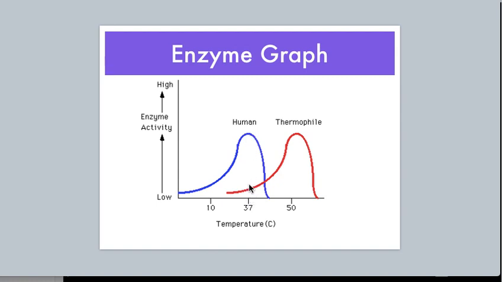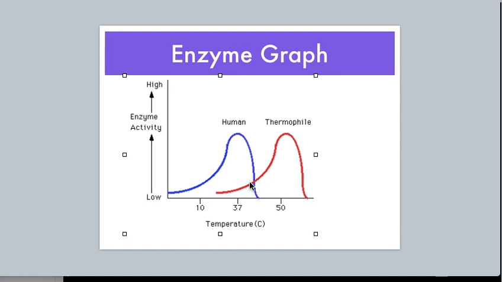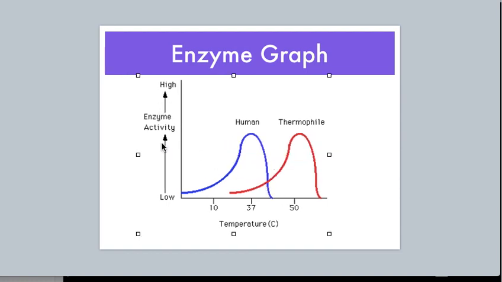And this one says it's about 37 degrees, which is in the upper 90 degree range Fahrenheit, which our temperature is 98.6. Notice how when you get over, this is about 40, once you get over 100, this enzyme denatures. When it reaches the x-axis, enzyme activity goes to 0.